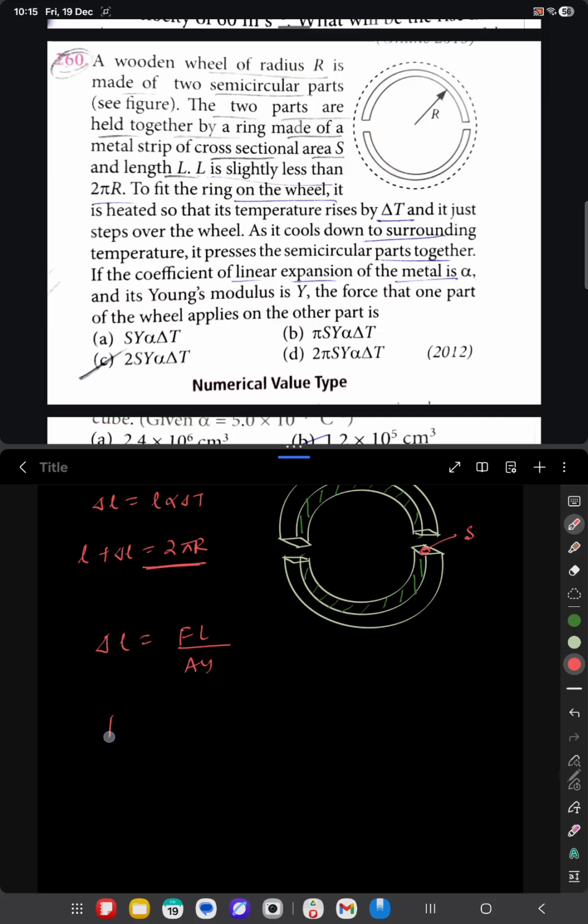For the force, there are two surfaces, so A will be 2S. In this cross section there is one S, there is one more S, so that will be 2S. So F is AY into delta L by L. Delta L by L is the strain. Strain is alpha delta T. Y will remain as it is. In place of A, you can write 2S into Y into alpha delta T. So this will be your answer.